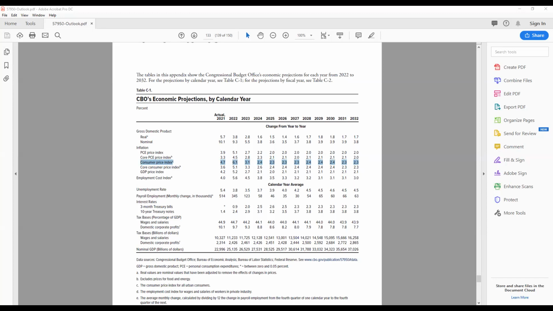Inflation is 6.1% for 2022. And then 2023 is 3.1, 2024 is 2.4, 2025, 2.3, and then 2.3, pretty much going beyond there.